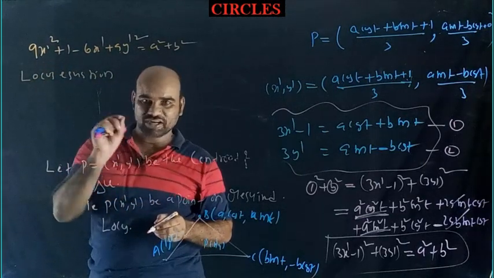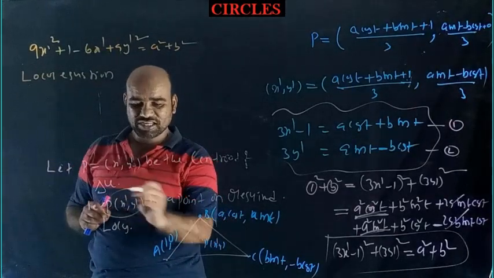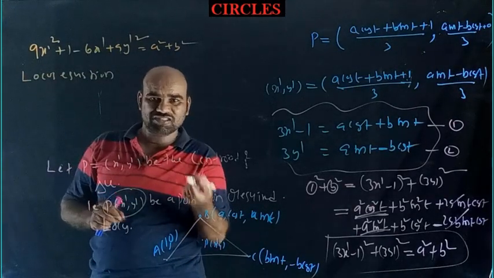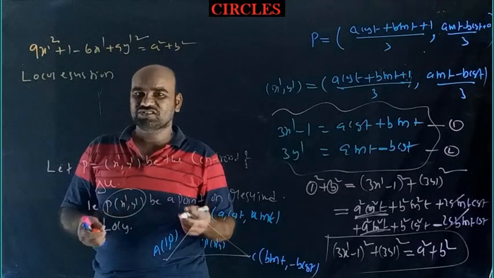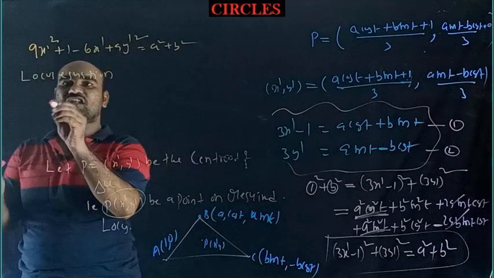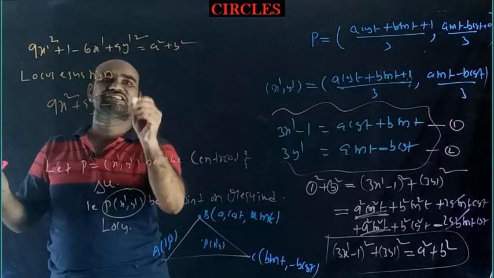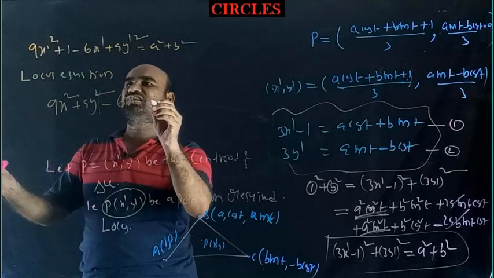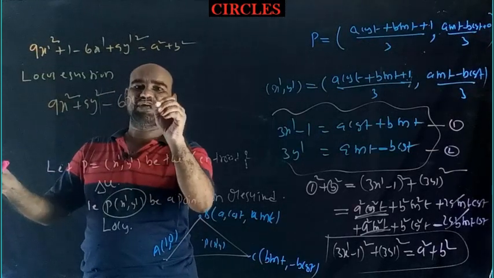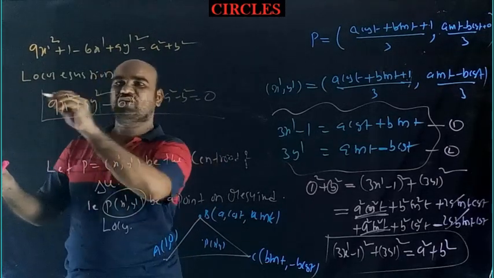Instead of x' I write x, instead of y' I write y. That means (x', y') was taken as a fixed point on the required locus; now I am generalizing. So 9x² + 9y² - 6x + 1 - a² - b² = 0. This is the required locus equation.